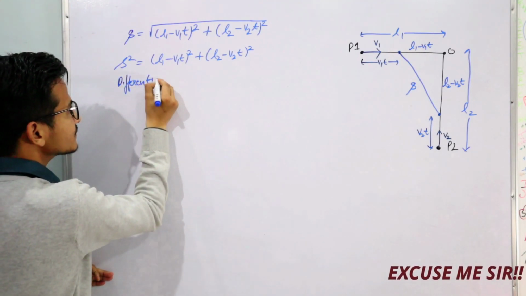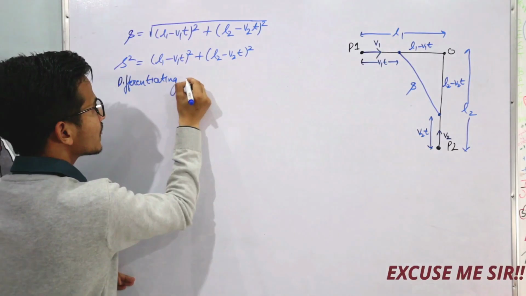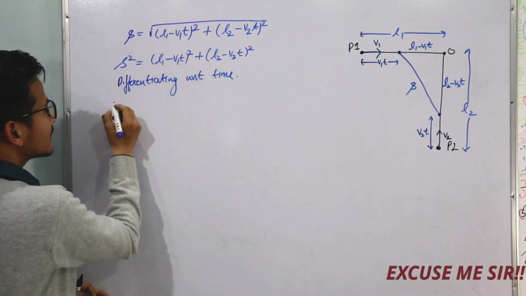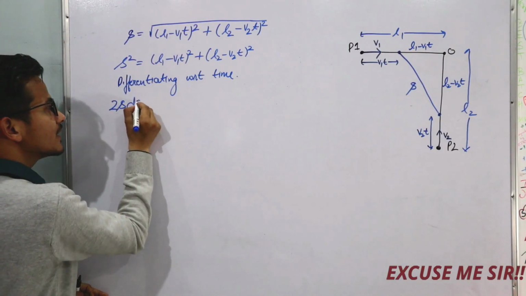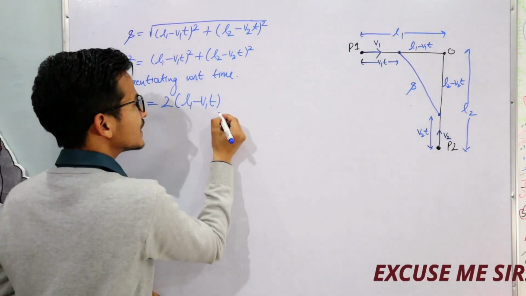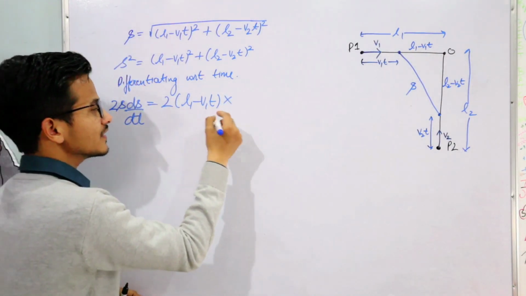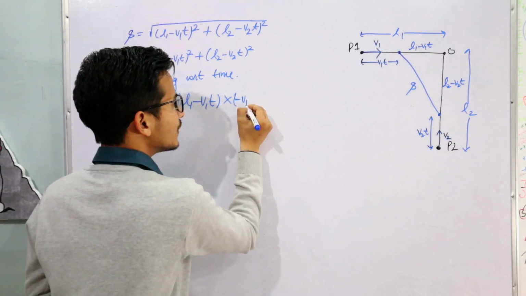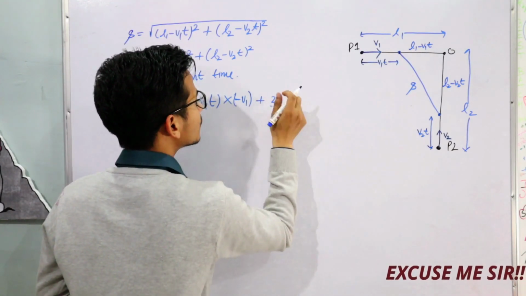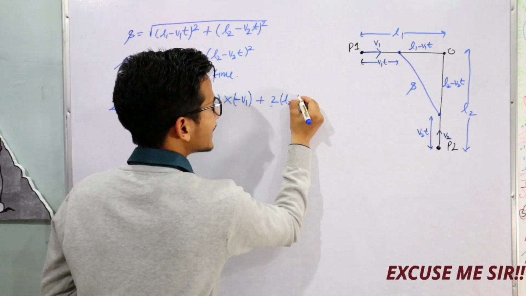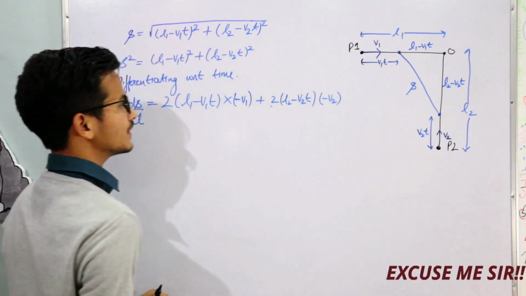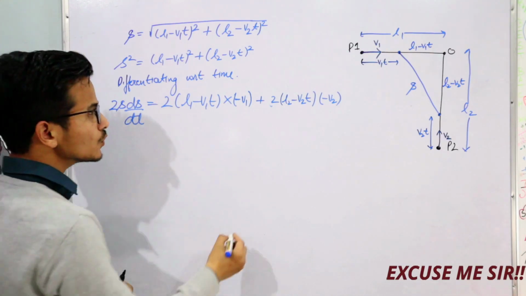Differentiating with respect to time, we get 2S dS by dt equal to 2 times L1 minus v1t times minus v1, plus 2 times L2 minus v2t times minus v2, and we put it equal to 0.